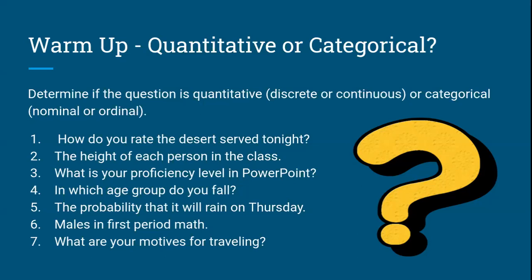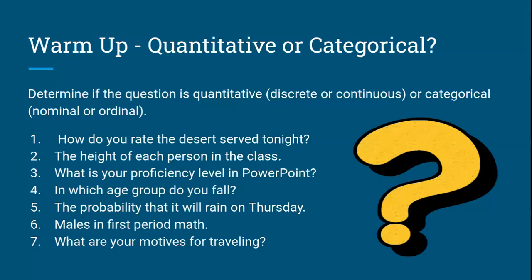Again, do we count? Can we measure it, quantitative? Or are we going to somehow be grouping them, categorical? Categorical. Yes, we will be putting them in groups. So now, when you think about rating a dessert, is it nominal, we describing it, or is it ordinal? There is a range.